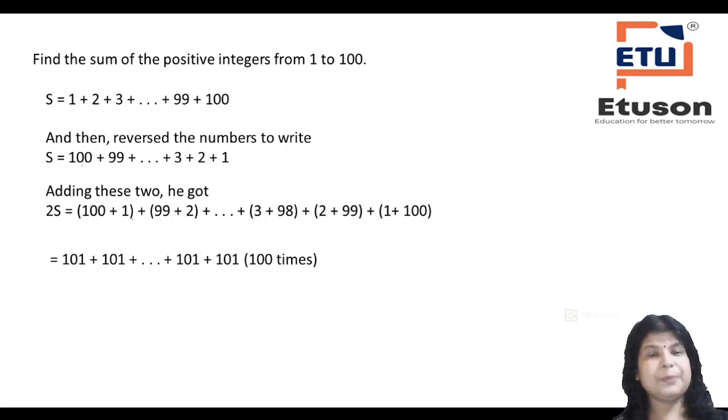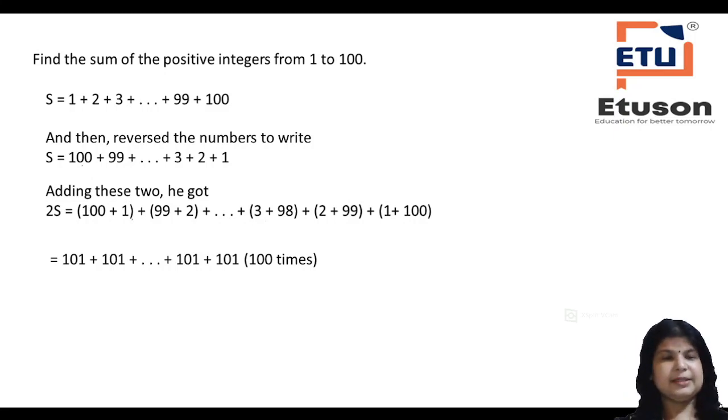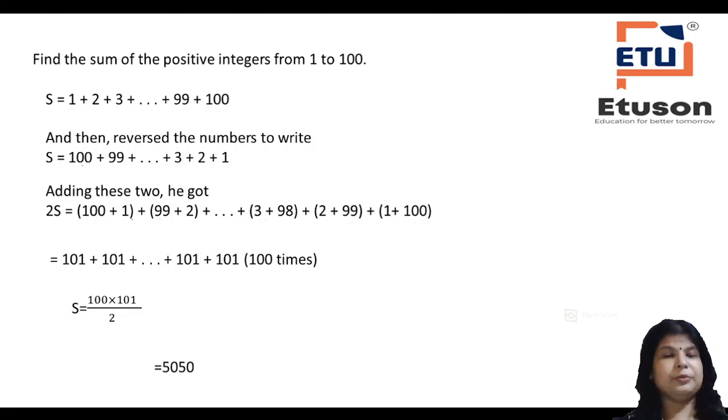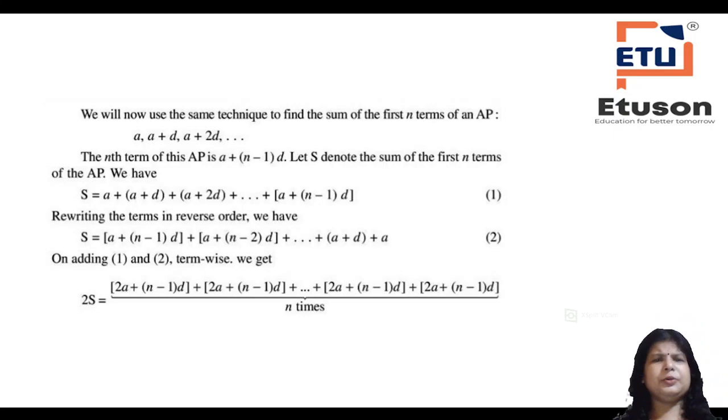And how many such pairs are there? There are 100 pairs. So you will get 101, 100 times. Correct or not? So you can just write down now: 2S is equal to 100 into 101, so S is equal to 100 into 101 divided by 2, and your answer will be 5050. Correct?